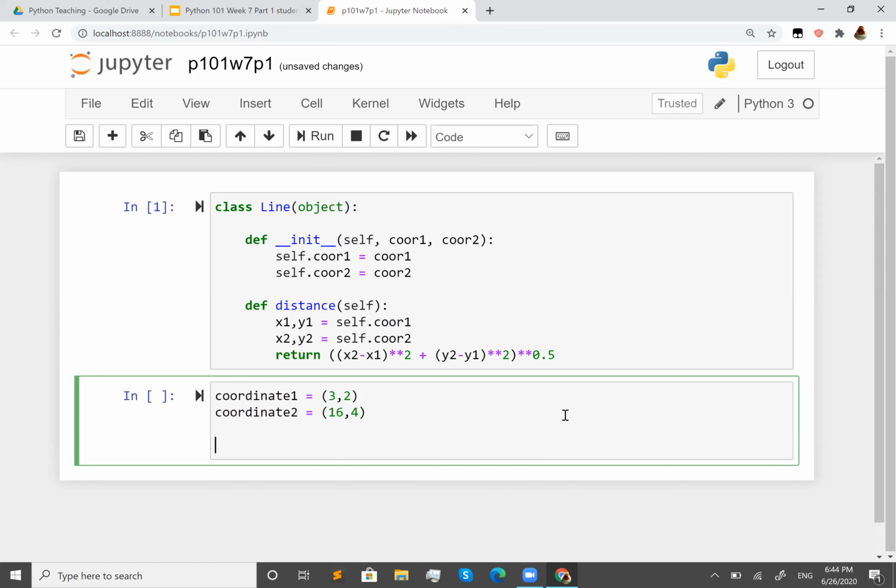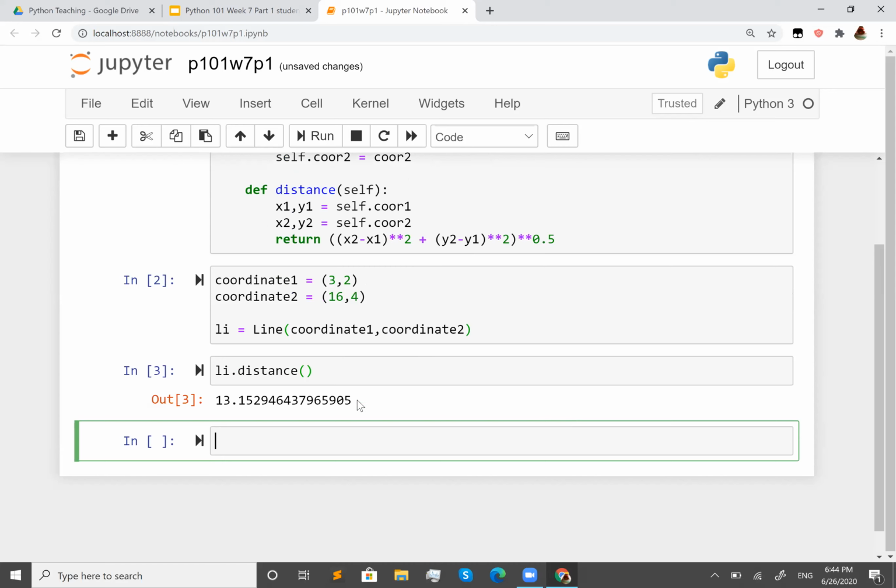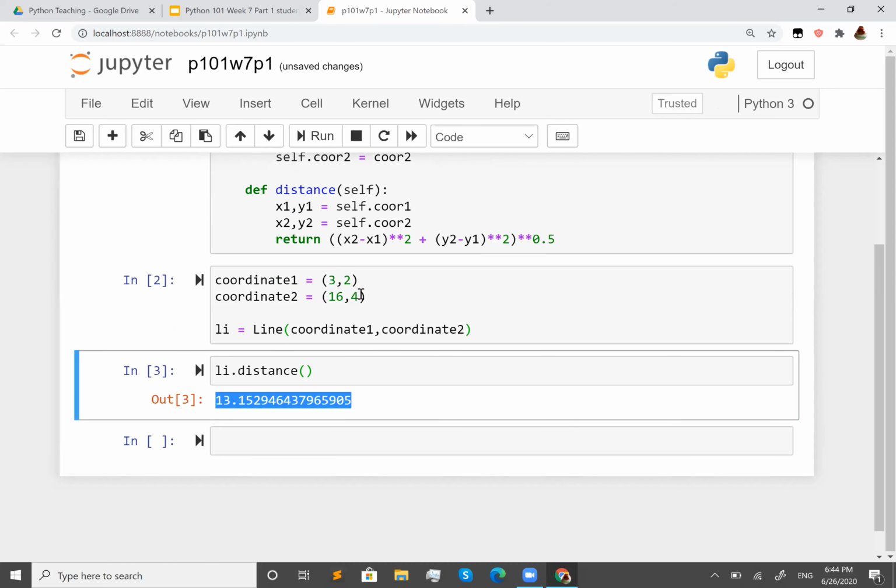And now we're gonna create an instance. So line, and then here we're gonna have coordinate 1 and coordinate 2. And now we're gonna do li.distance, because that's the one we did so far, and here is our distance. So that's the distance between 3, 2 and 16, 4.